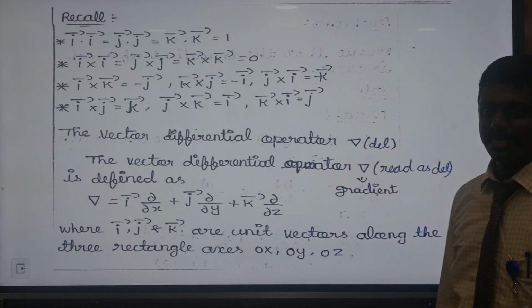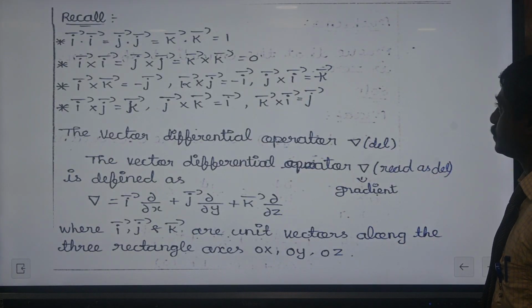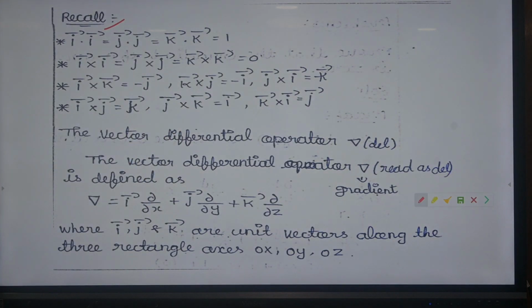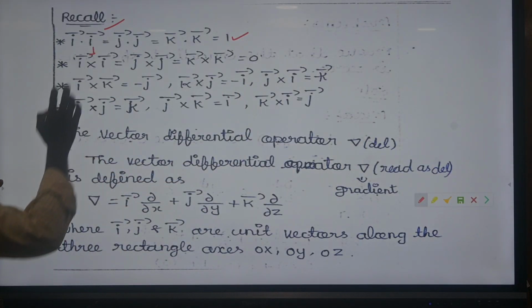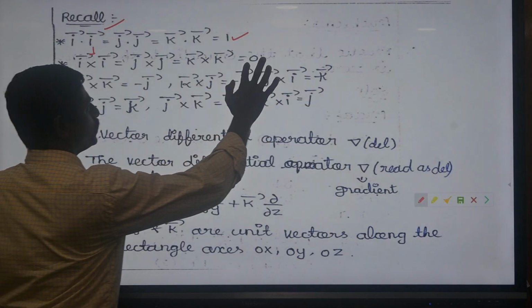Let us recall some results in vectors. When you take the dot product, i dot i, j dot j, k dot k, the value is 1. Taking the cross product, i cross i, j cross j, k cross k, the result is 0.